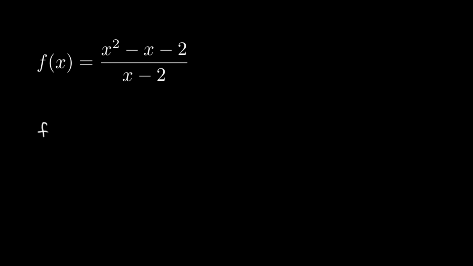So f of x, since there's a quadratic, we can break that down into x minus 2 times x plus 1. Of course, what adds to give me minus 1 and multiplies to give me minus 2. But hopefully that's old news at this point. And then we have our original denominator, x minus 2.